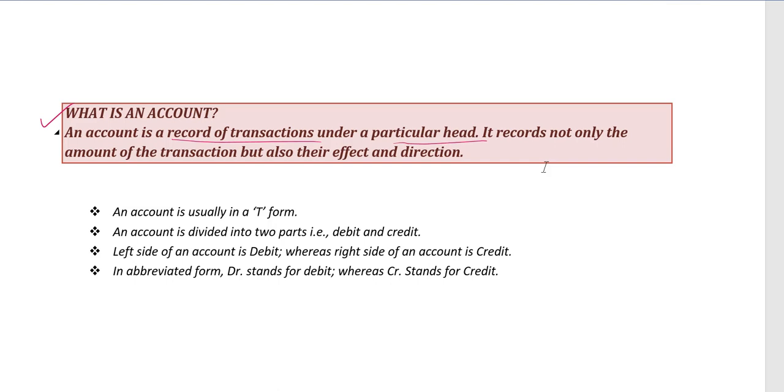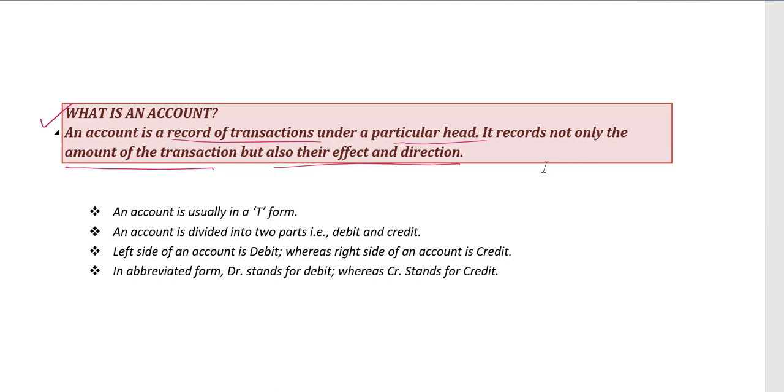So under a given head, if transactions are recorded, then it is called account. It records not only the amount of the transaction but also their effect and direction. That is the balance of the account going up or down and which direction it points to.